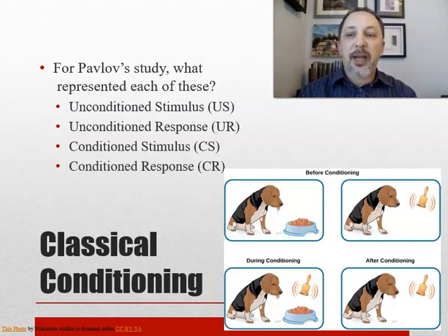Pavlov's classical study involved an accident. Pavlov observed that his dogs, he was studying salivation. He wasn't interested in conditioning until he had this really interesting insight, which was the dogs would start to salivate before the food got there. They had associated the process, the footsteps, the setup to being fed.